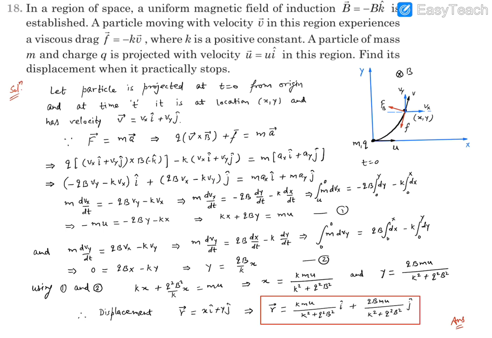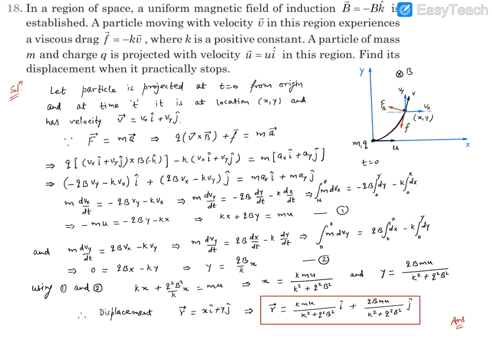Similarly, when we do the cross with this, that's going to be minus j cross k, which is minus i, so you will have minus q vy B in the i cap along with minus k vx. So basically this is the i component, this is the j component. Here also this is the i component, this is the j component, that means max, may.